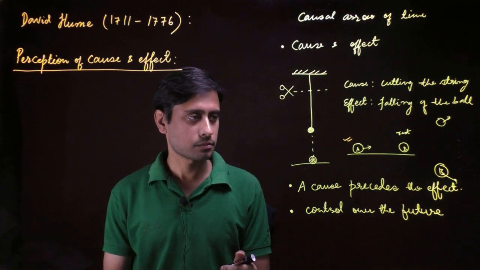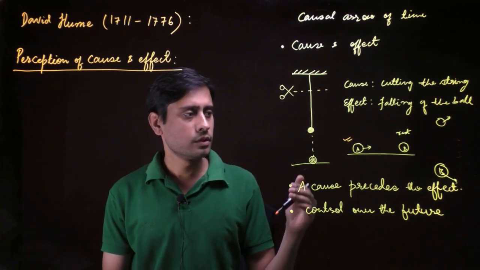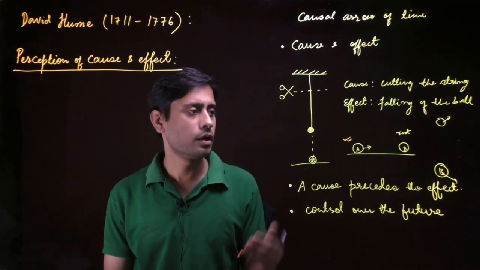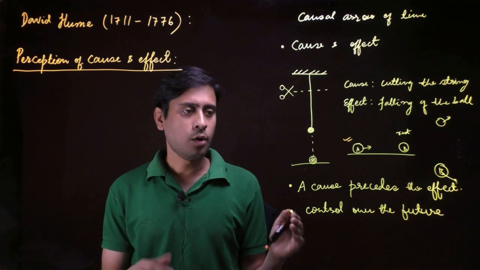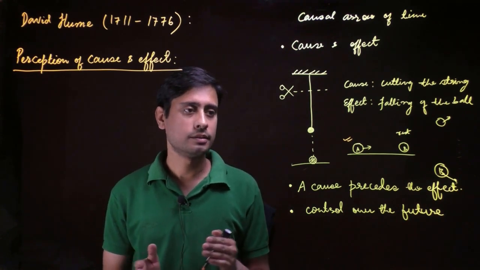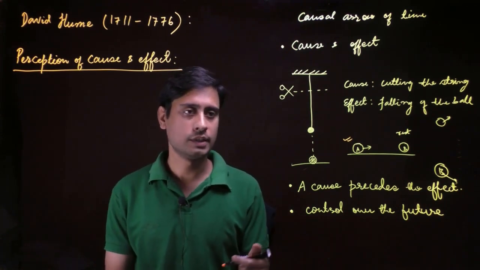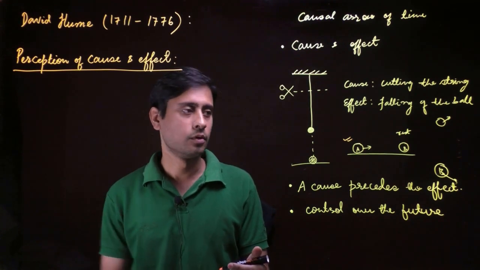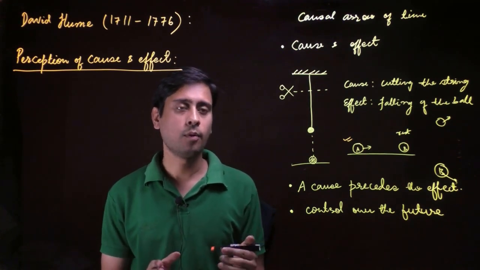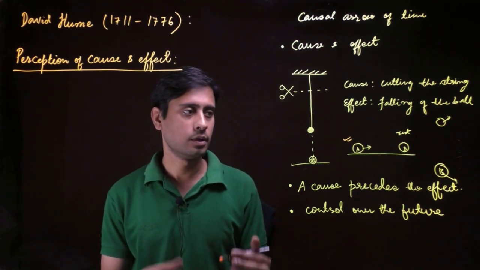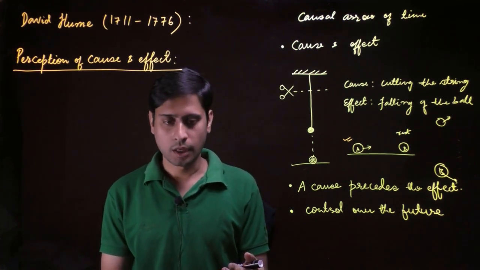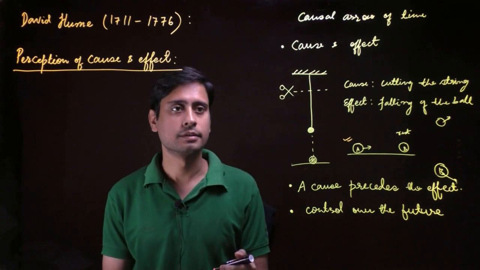So the effects of a cause are predicted because of our past experiences, not because of any law of association that we know. The laws of association are formed only after we experience the phenomena and not before experiencing.